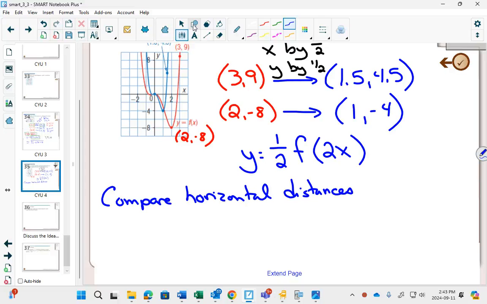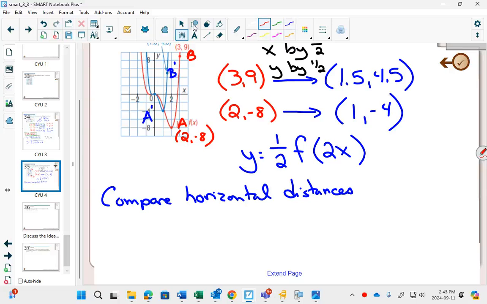But if we compare horizontal distances, for this one, I'm going to label this as point A and this as point B. And on the image graph, we write A and B with a little tiny line, A prime and B prime, saying A changed to here, B changed to here.